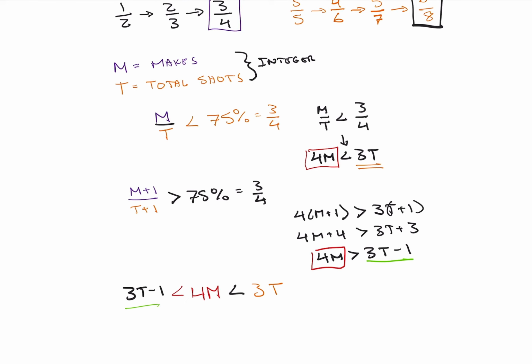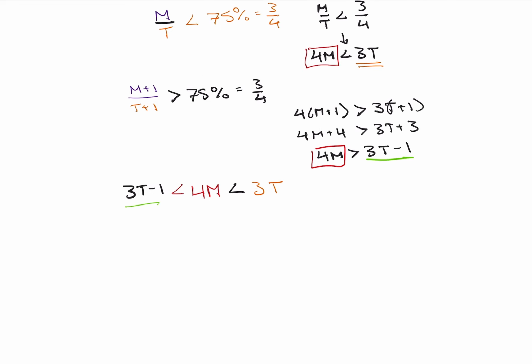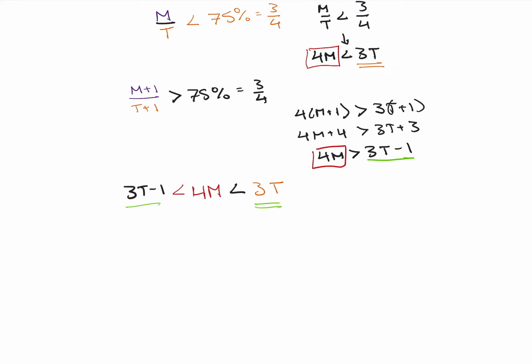So I want to highlight something we noticed earlier. We said both of these are integers, right? So if I take a multiple of them, it's also an integer. So 3T is an integer, and 3T minus 1 is also an integer. And they're not only integers, but they're also consecutive integers.